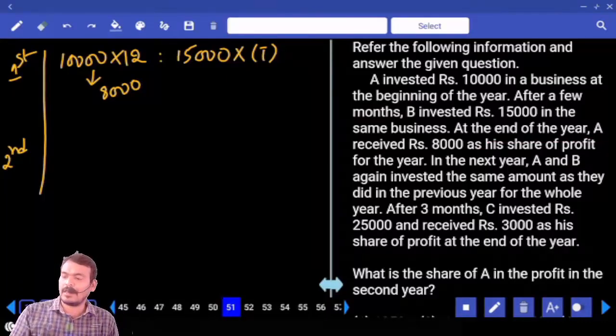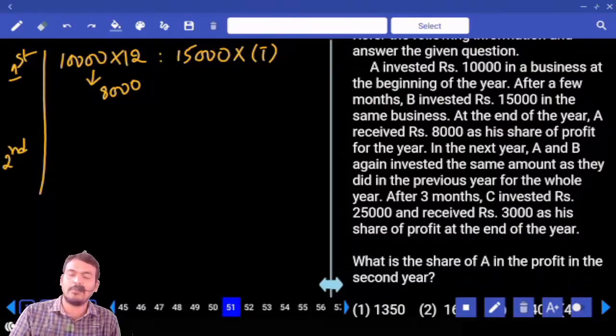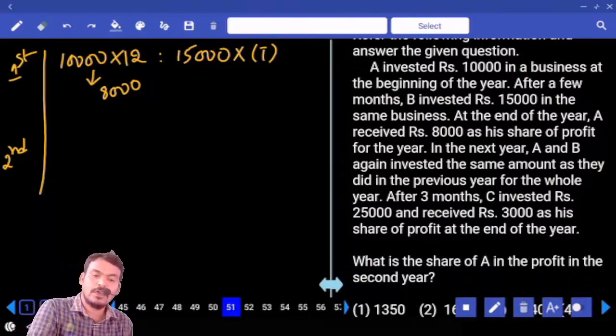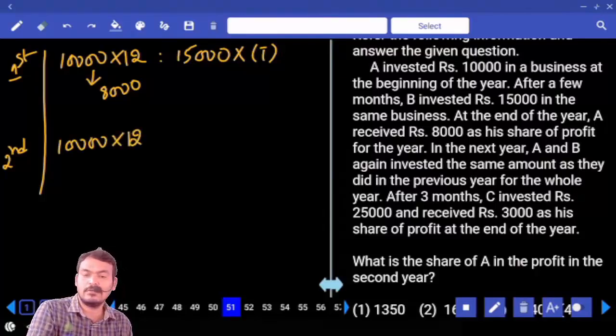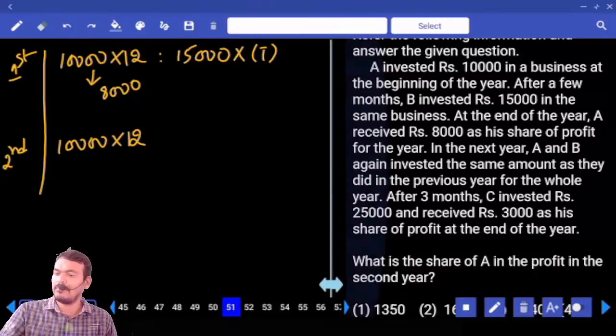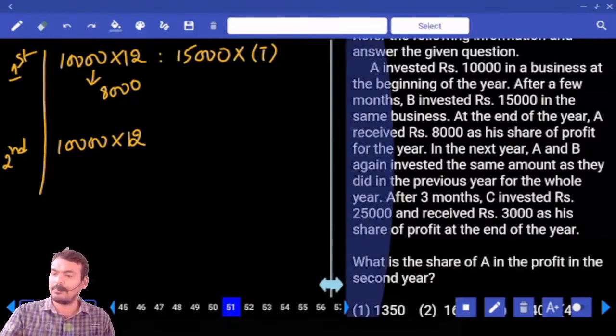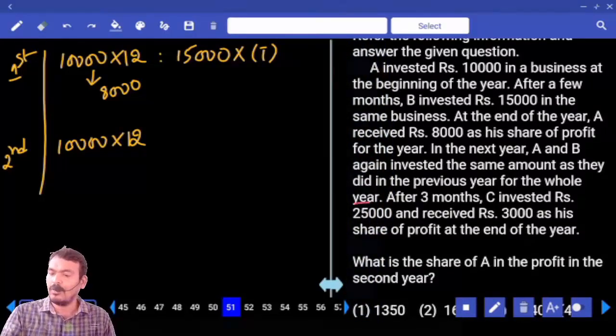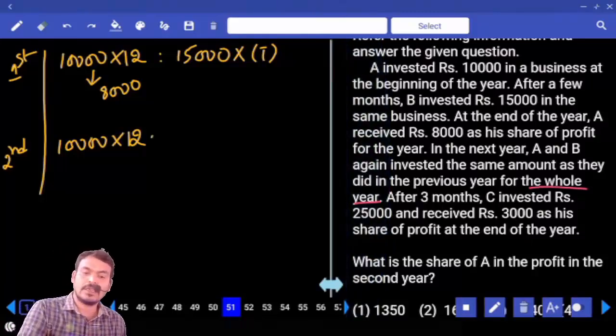In the next year, A and B again invested the same amount or different amount? Same amount. A invested how much value? 10,000 into how many months? 12 months. A and B invested same amount as they did in the previous year for the whole year. Okay. Means A invested 12 months, B also invested 12 months.